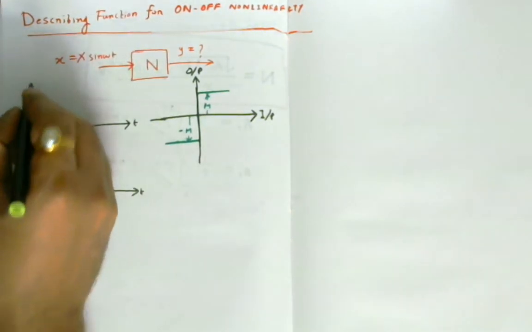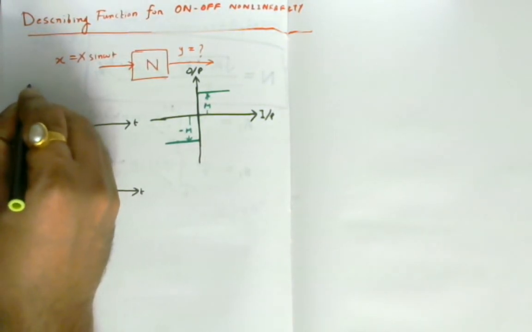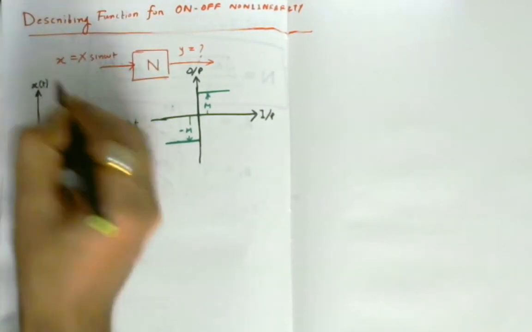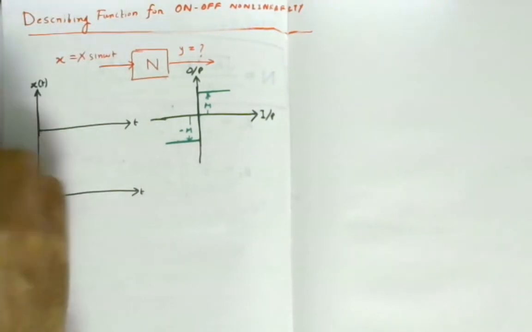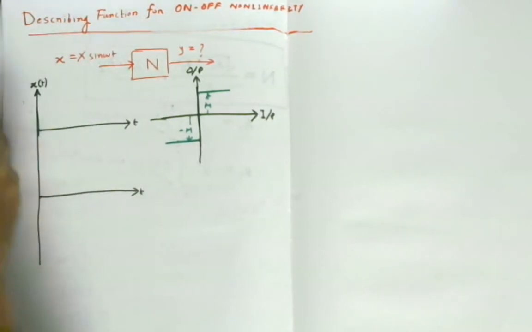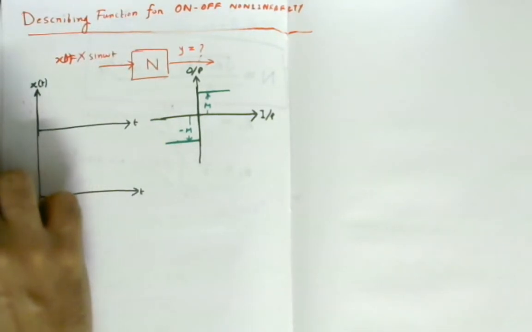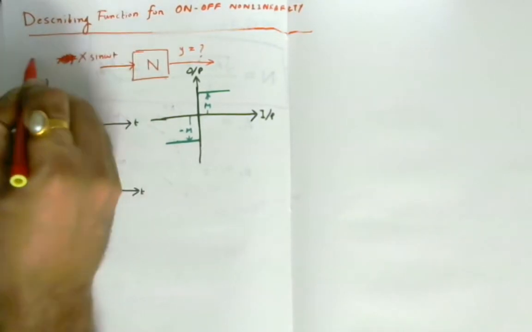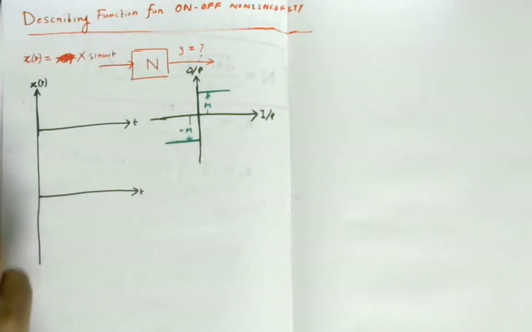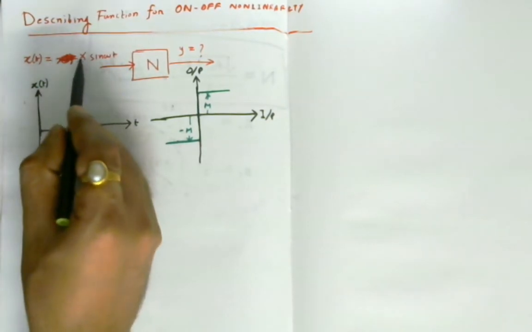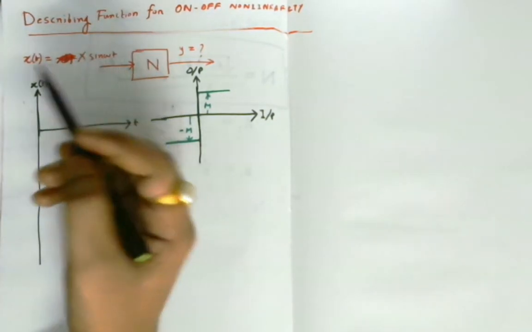So it is say xt. Xt is what? Xt is the input sinusoid. Now the input sinusoid has capital X as amplitude and omega as the frequency.